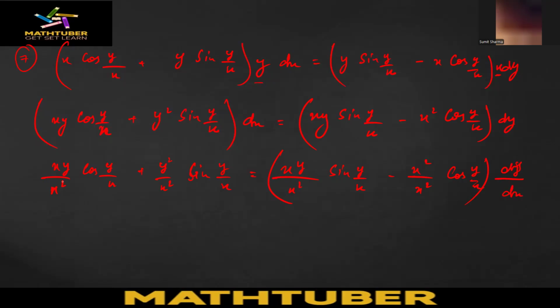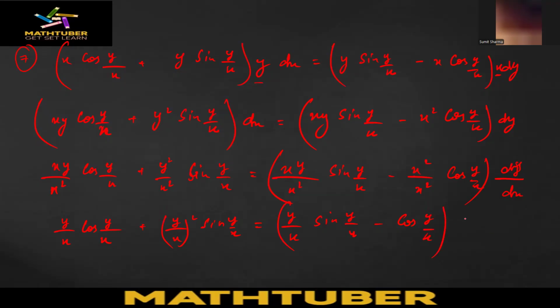So this is how we have to do it. And now if we cancel these, you will get y by x cos y by x plus y upon x square sin y by x is equal to y by x sin y by x minus cos y by x into dy by dx.